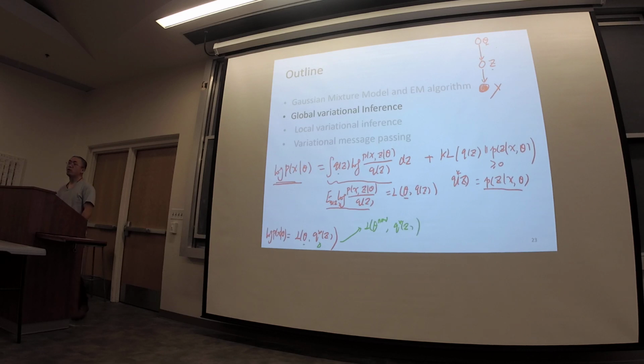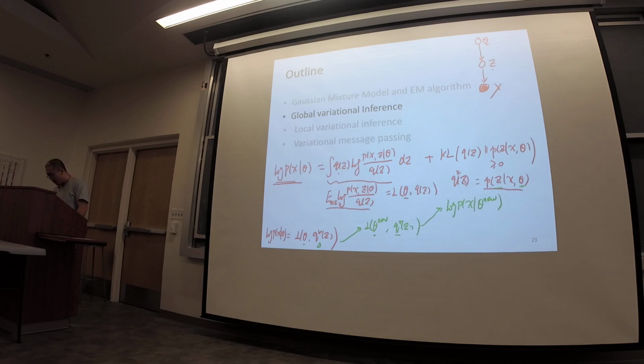This is my current lower bound. Now we know that Q star z is just the true posterior distribution under the old version of theta. So this is still upper bounded by the log evidence of x given theta new. Why?